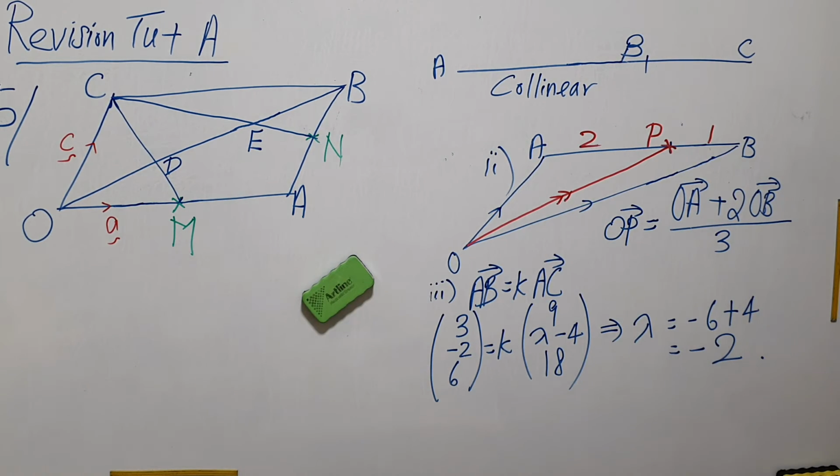So first and foremost, you are asked to find the vector OD in terms of A and C. For such a question, where you have to find this vector OD, and there's actually a crisscross like this, you want to introduce two ratios.